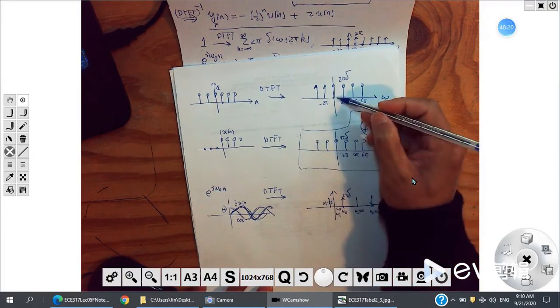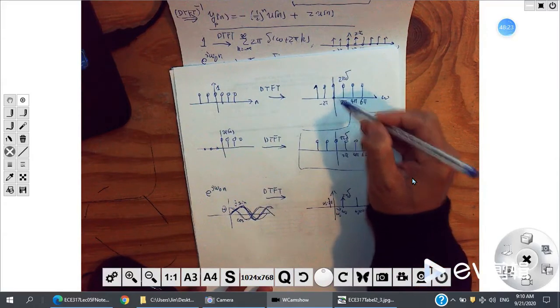It seems like this one, 1 in frequency domain shifted by omega 0.